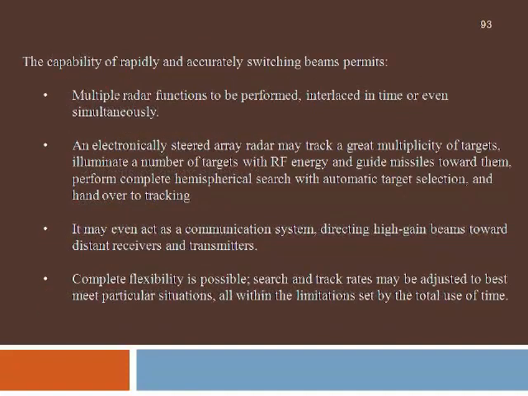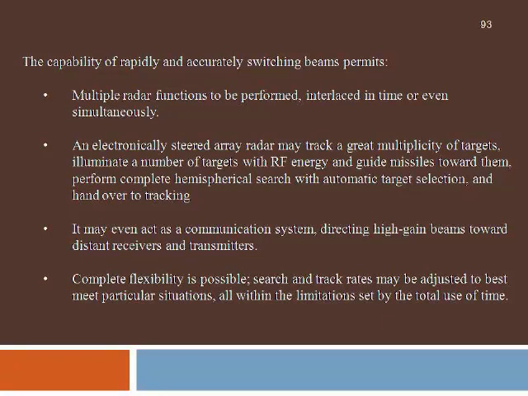The capability of rapidly and accurately switching beam permits multiple radar functions to be performed, interlaced in time or even simultaneously.